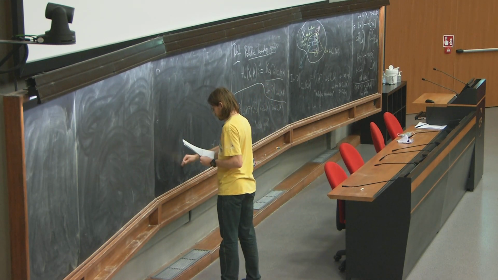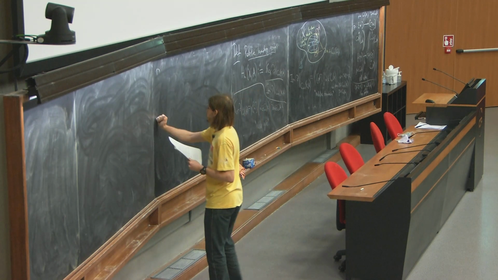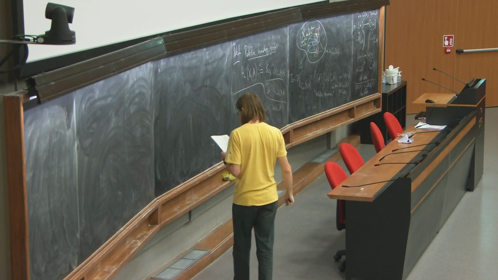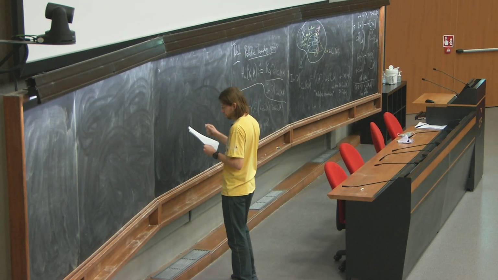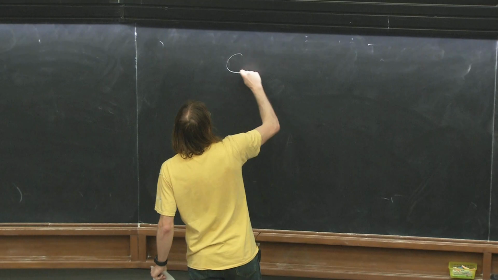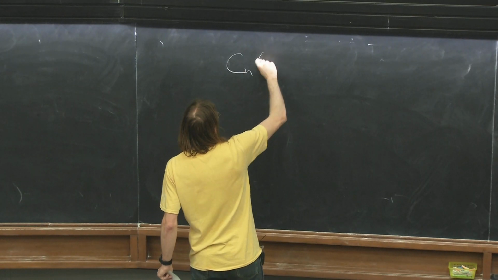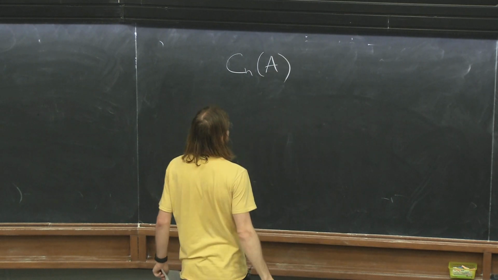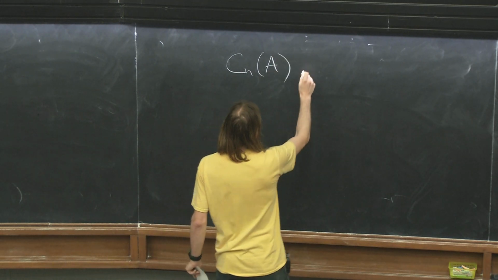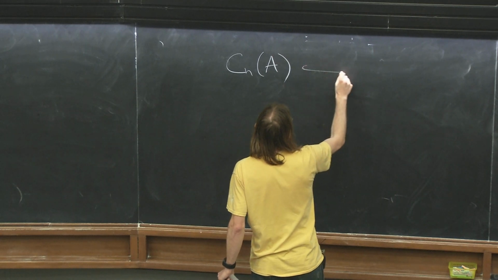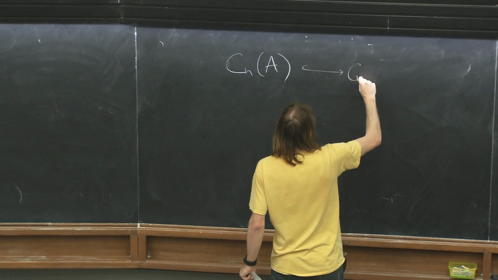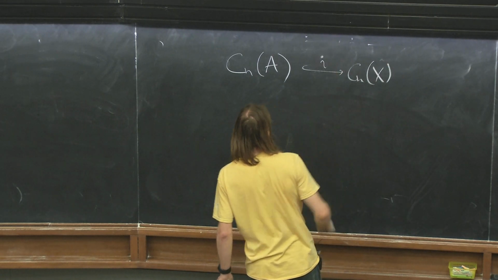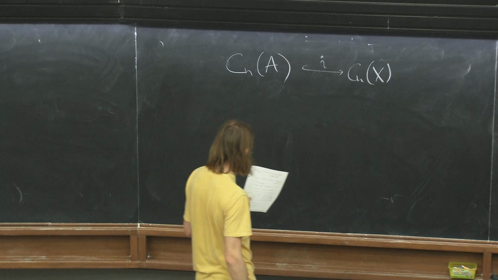So now, if we collect together the definitions which we just had, we'll consider the following diagram. Let's start with C_n of A. This is a subgroup of C_n of X, and one can consider the corresponding inclusion map that's denoted by i.